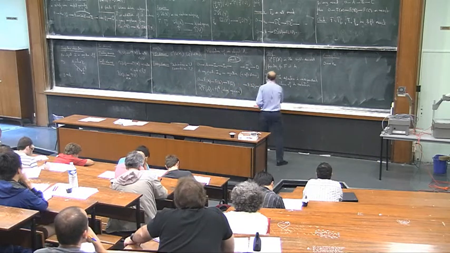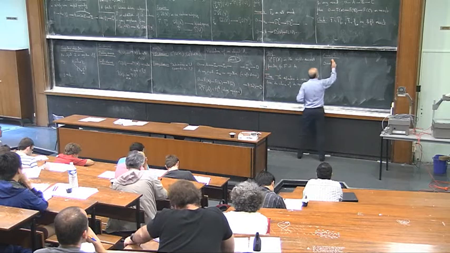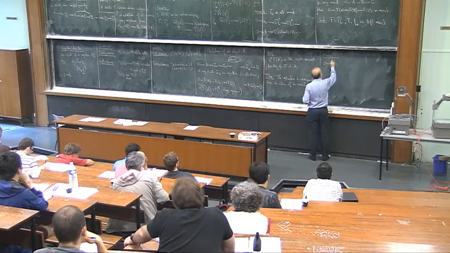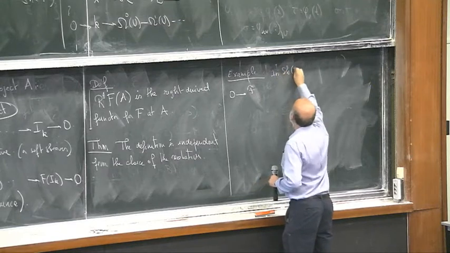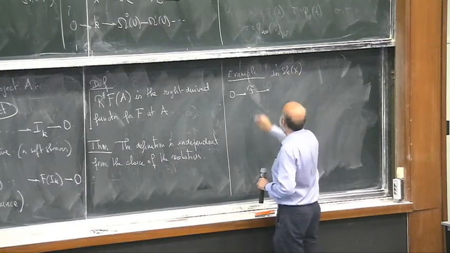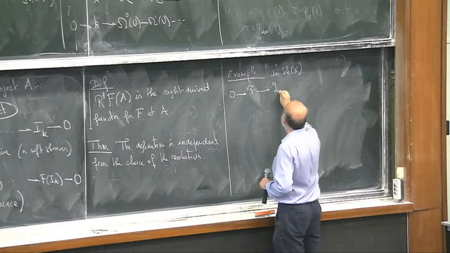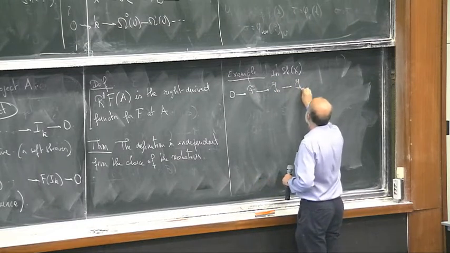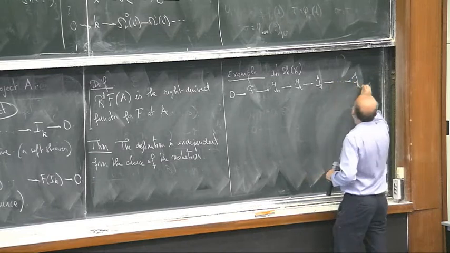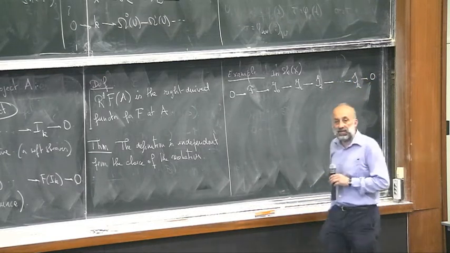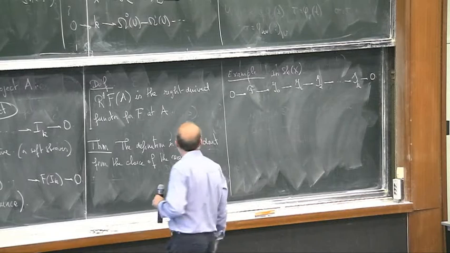No, let me give a general example. I have a sheaf F, in the category of sheaves, and I take a resolution by injective or soft or flabby sheaves, doesn't matter.